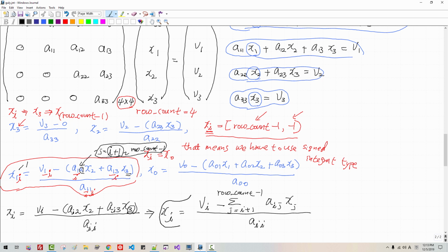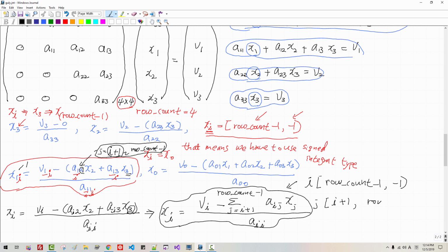So this is our equation. In this equation, the range of i is row count minus 1 down to minus 1. The range of j starts with i plus 1 up to row count.